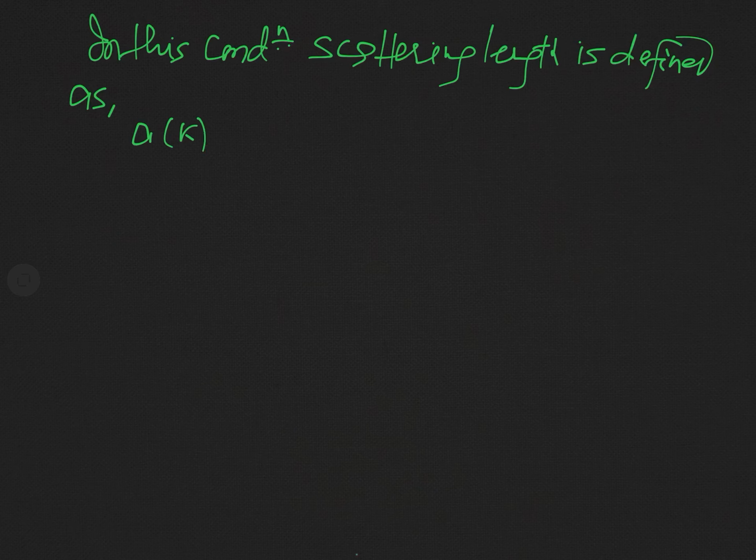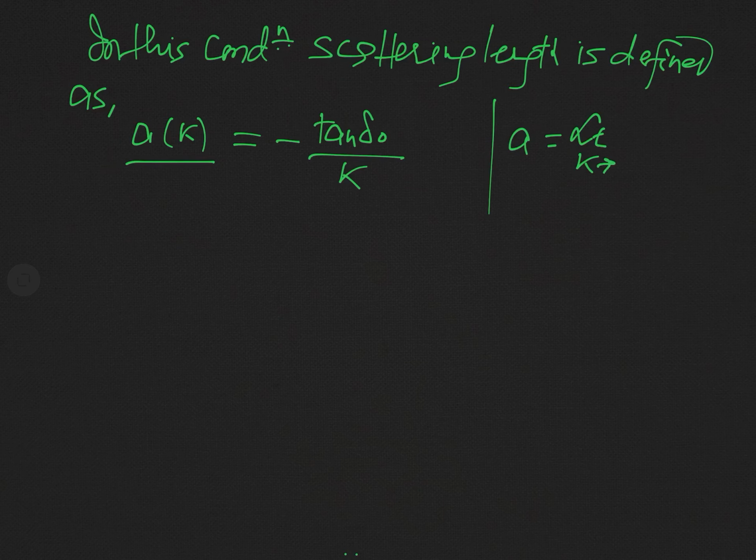I have told you, in this case a scattering length will be a function of energy, or you can say it will be a function of k. So we write the symbol A of k. It indicates that A is a function of k, and it is defined as minus tan delta naught over k. See the difference. Actually, we have defined A in this fashion: limit k tends to 0 of minus sine delta naught by k.